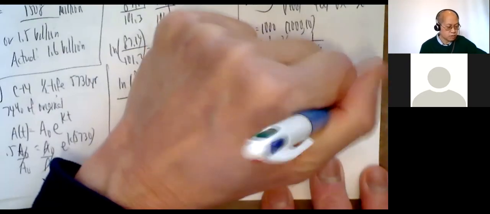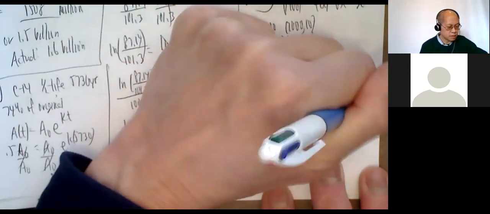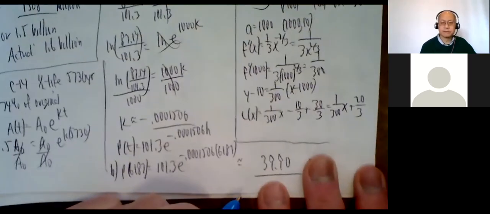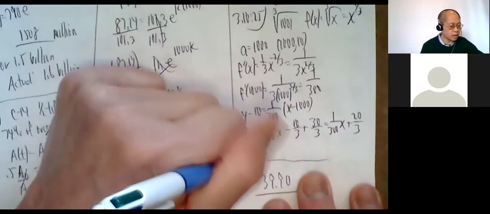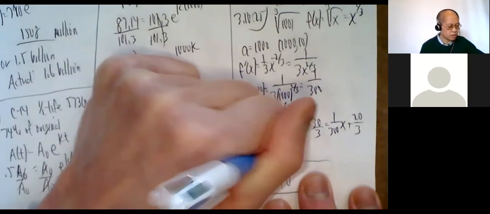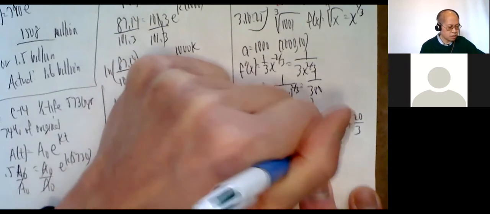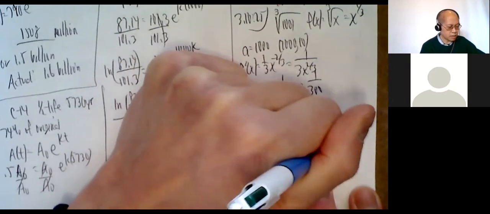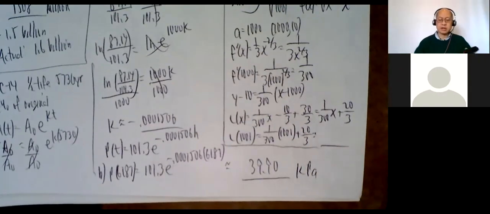Okay, so L(x) = 1/300 x + 20/3. Okay, so to approximate the cube root of 1,001, L(1001) is 1/300 times 1,001 plus 20/3, which is whatever. Yeah, I'll go ahead and do that.